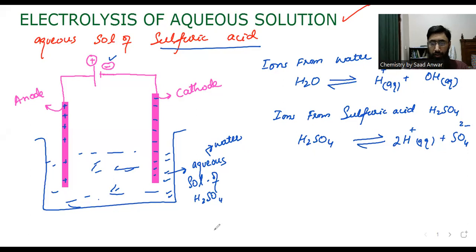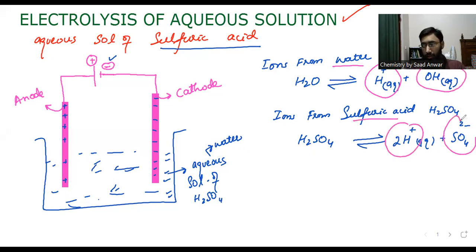The point is, the ions which we obtain from water are hydrogen ion and hydroxide ion. The ions which we get from sulfuric acid are hydrogen ion and sulfate ion. So now we have to figure out which ions will migrate towards the anode and which ions will migrate towards the cathode.